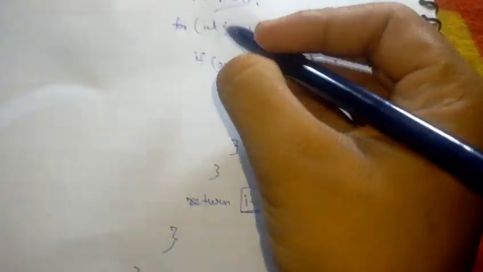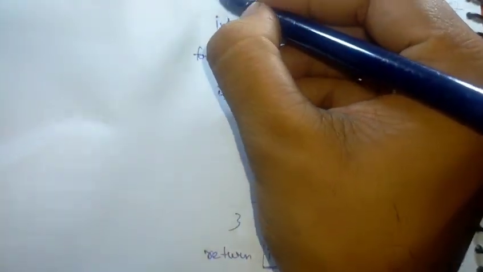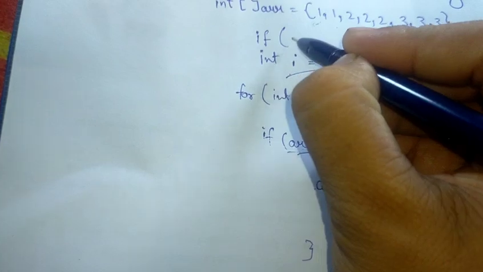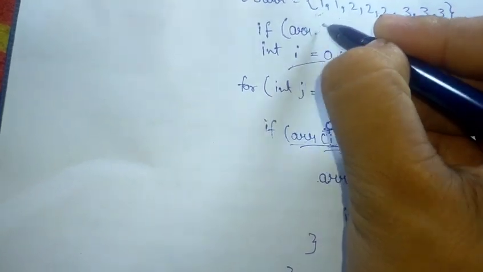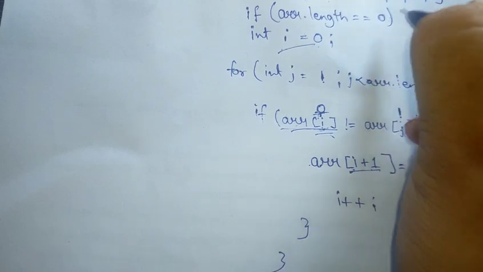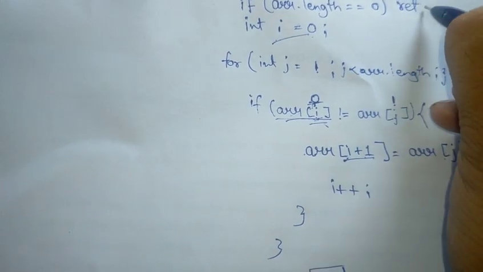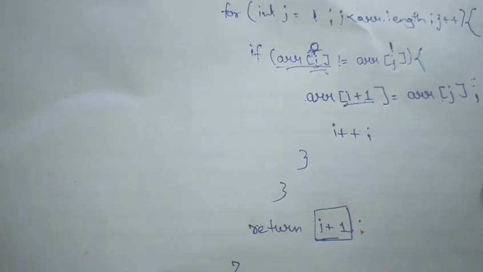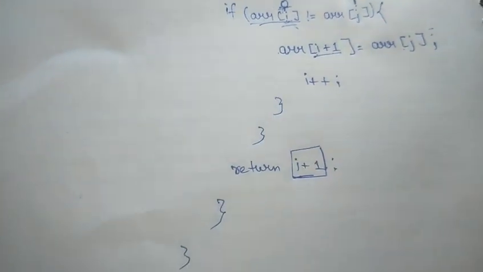For that, at the initial position we declare that if arr dot length equals 0, then it automatically returns 0.